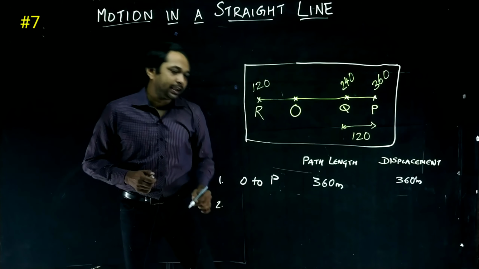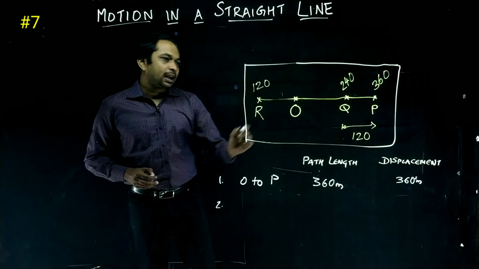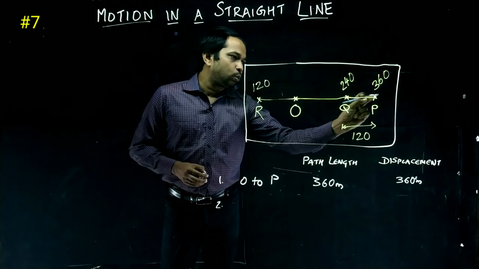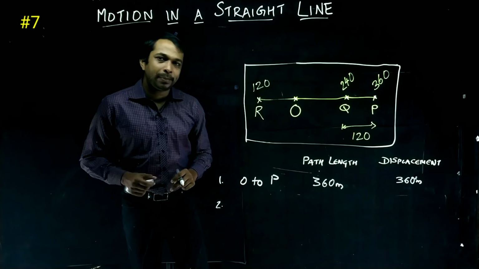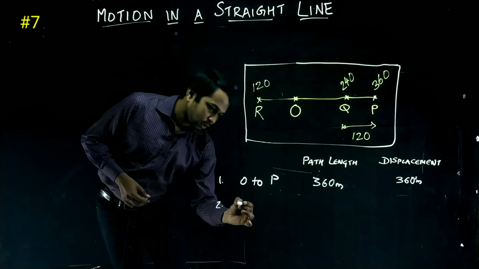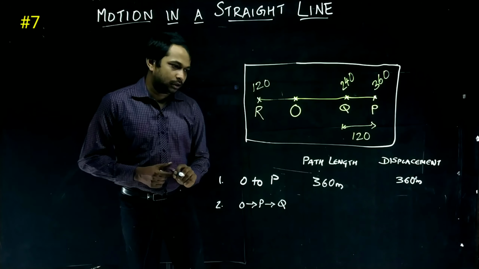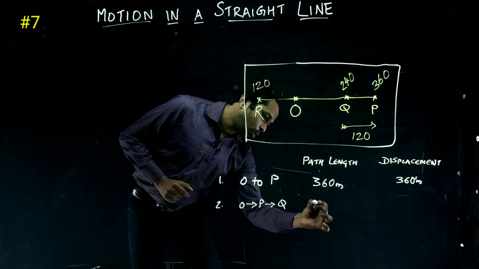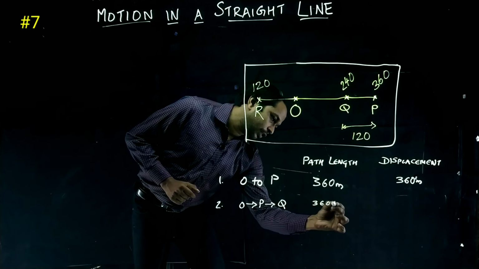Now in the second case, the car is at O, it went to P and it came back to Q. Okay, so O to P to Q. So what is the path length? It is 360 plus another 120, so 360 plus 120, which is 480.